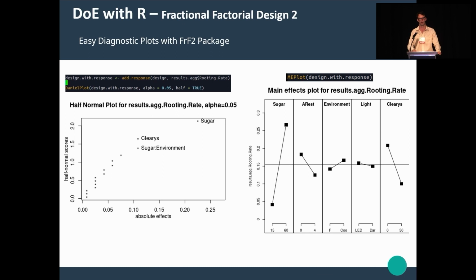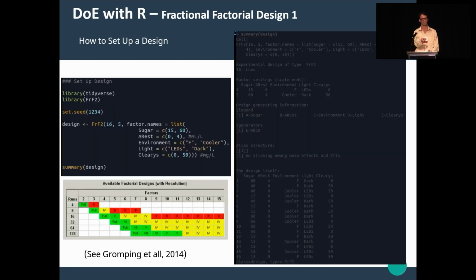And so you can call this super easily with this function called DanielPlot. You just put in your response, as long as you attach it, and you have to use that add response function because the structure of that design is not actually a data frame. It's a specific structure meant for analysis with this package. And so you have to use the function already built in to attach a response to it.